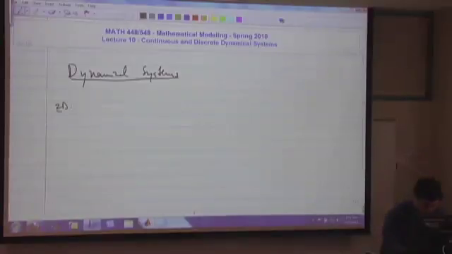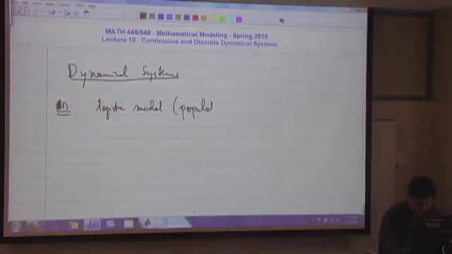Okay, so I'm going to start by giving you an example of a 2D system. Well, 1D we saw last time. The 1D model would be a logistic model that usually comes from population growth.